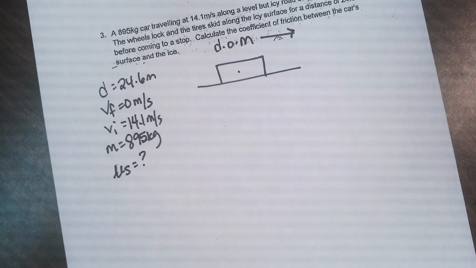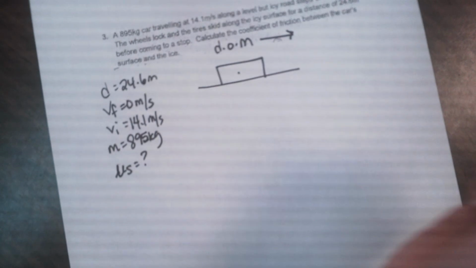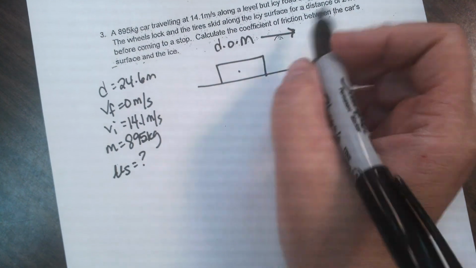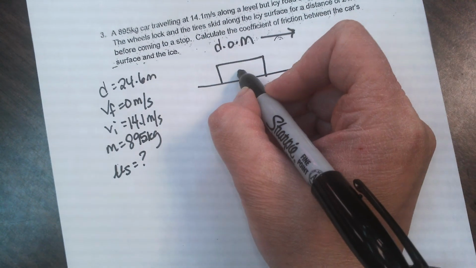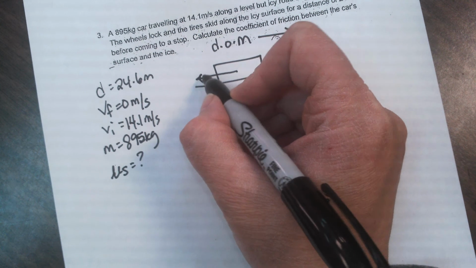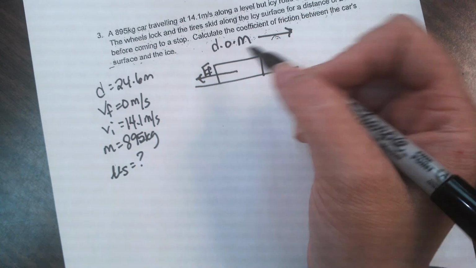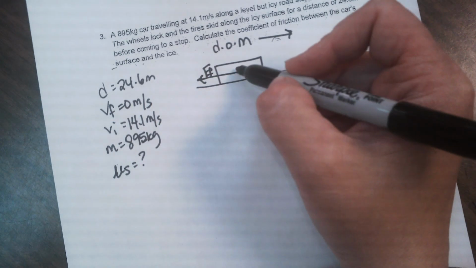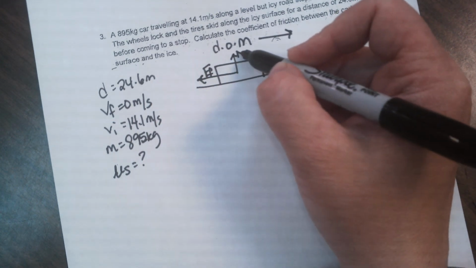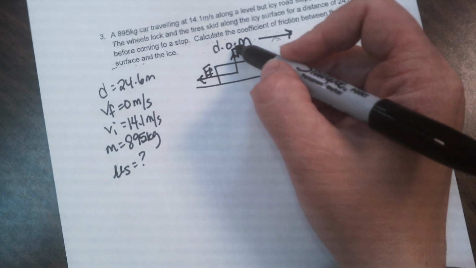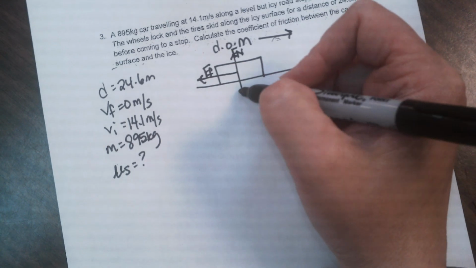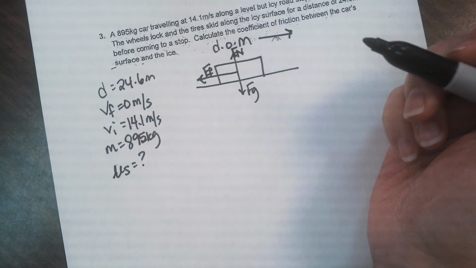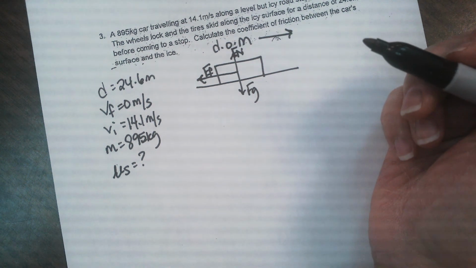Okay, so it's already traveling, so there's no force applied, but there is a force of friction because it's between the car's surface and the ice. The car is neither levitating nor going through the ground, so force normal must be equal to force of gravity.